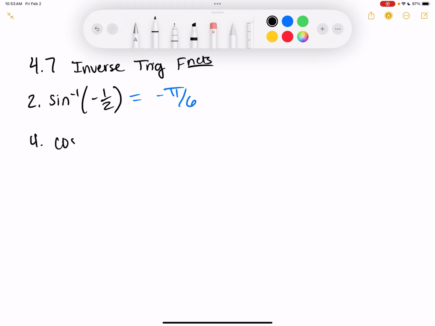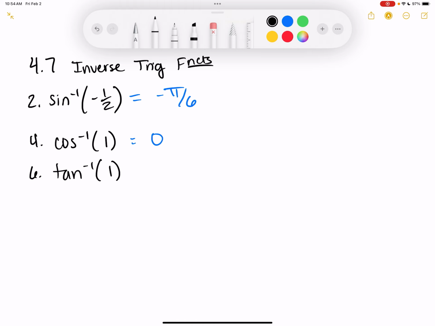All right, inverse cosine of 1. So I'm looking for where cosine is 1. So where does that happen? 0. Inverse tangent of 1. So I'm looking for where tangent is 1.